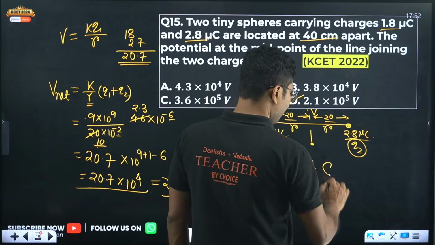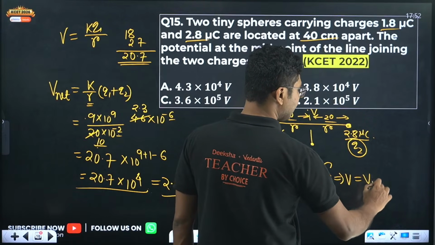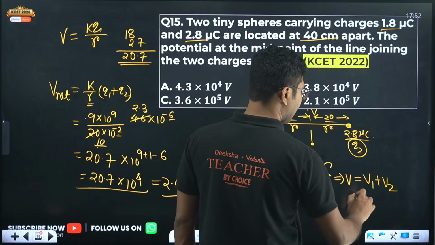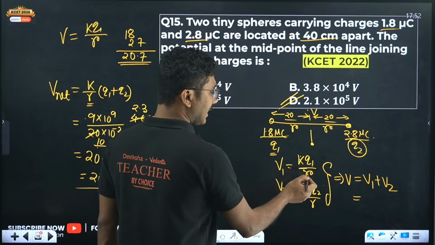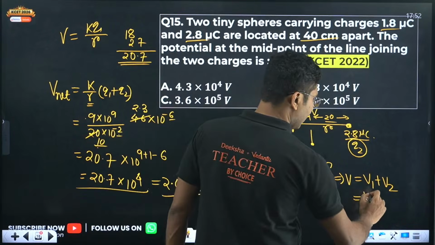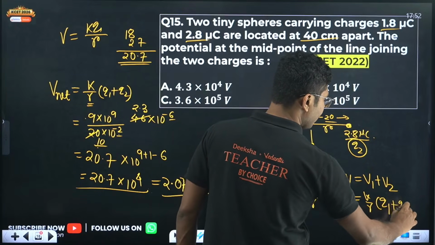So here, what is the total potential? Total potential is just algebraic addition. If you add these two quantities, K by R is common, so you get K by R times Q1 plus Q2.